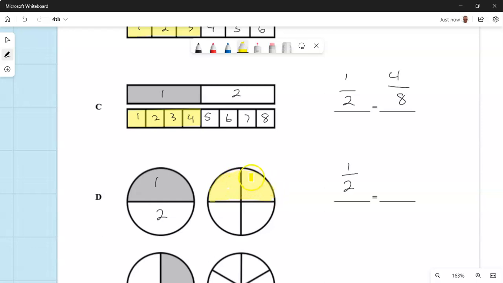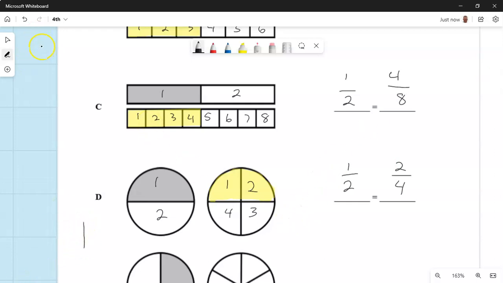In that case, I shaded in 2 parts to make it the same as this. So my numerator is going to be 2, and I've got 4 total parts. So 1/2 is equal to 2/4.